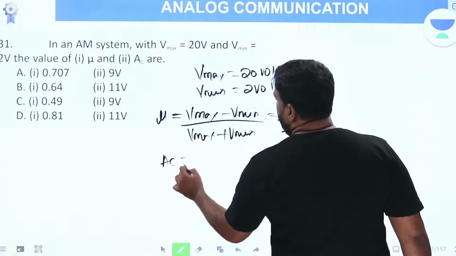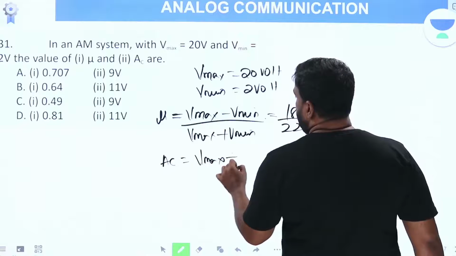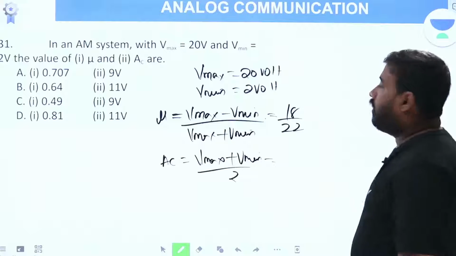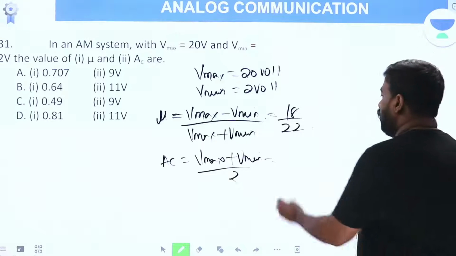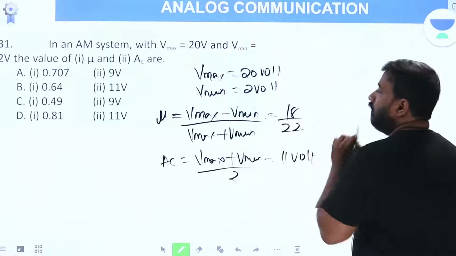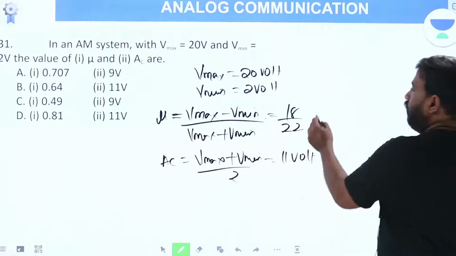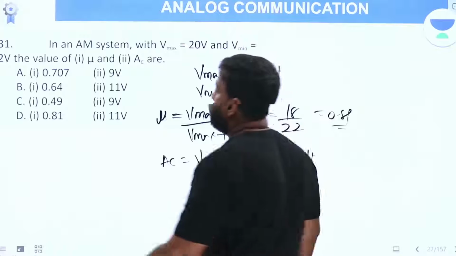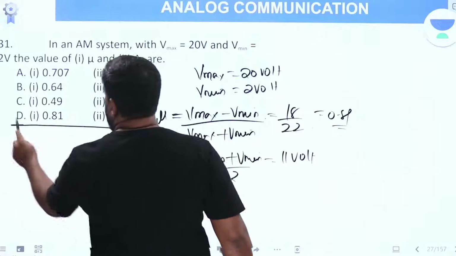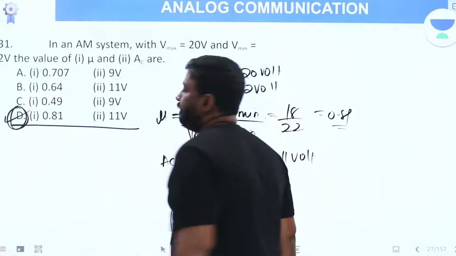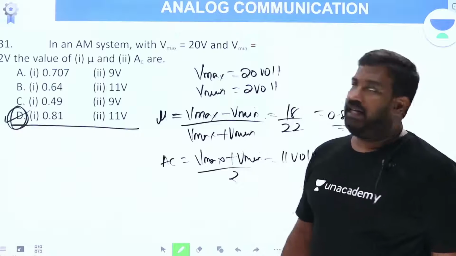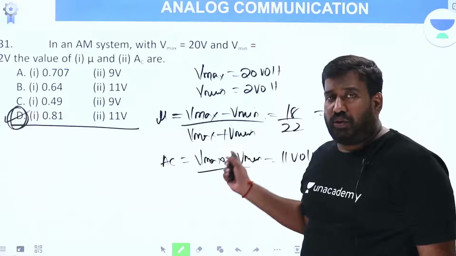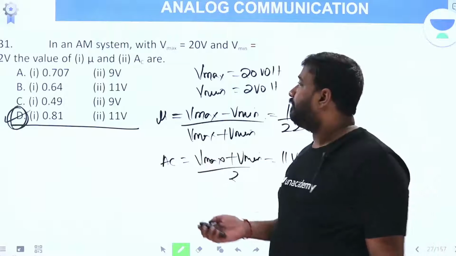AC value, this also we had derived yesterday, Vmax plus Vmin by 2. 20 plus 2 by 2, 22 by 2, 11 volt. 18 by 22 will be 0.81. Therefore, 0.81 and 11 volt. Option D is the answer. Clear? Please go through these derivations from part 1, okay?